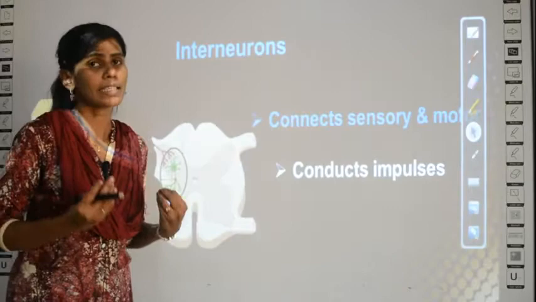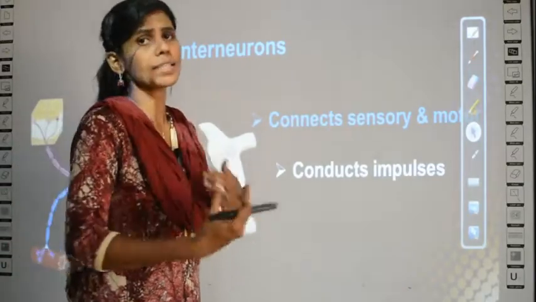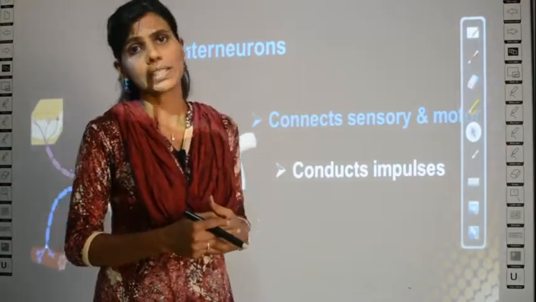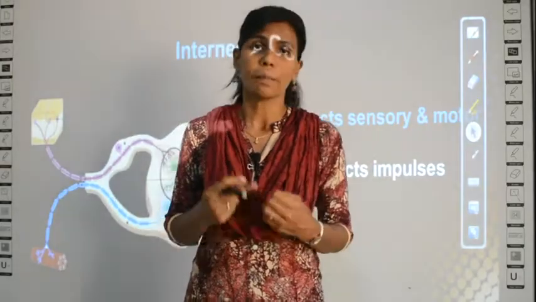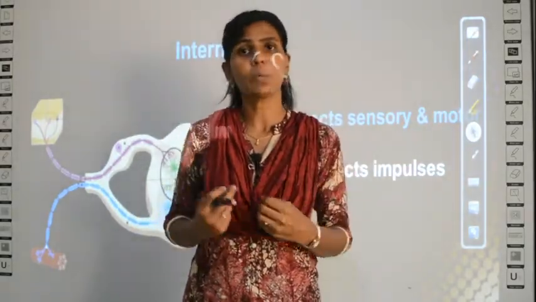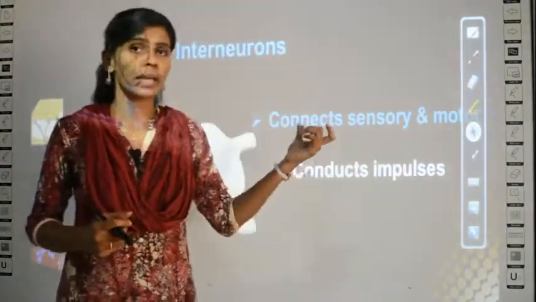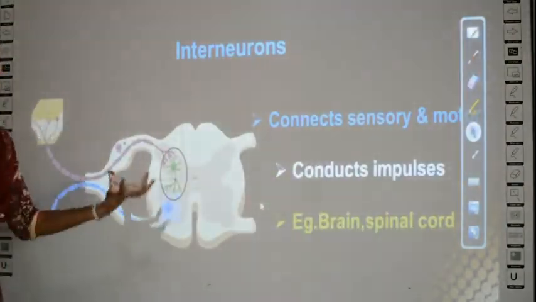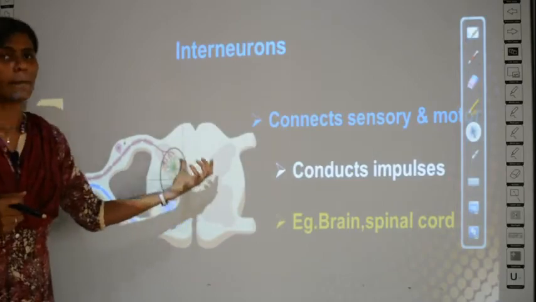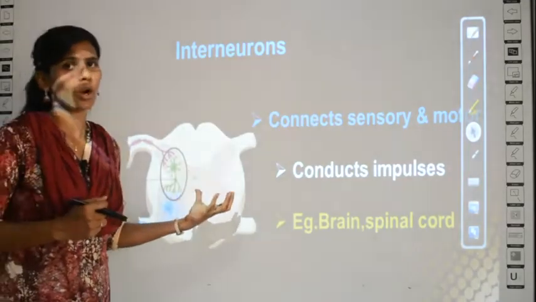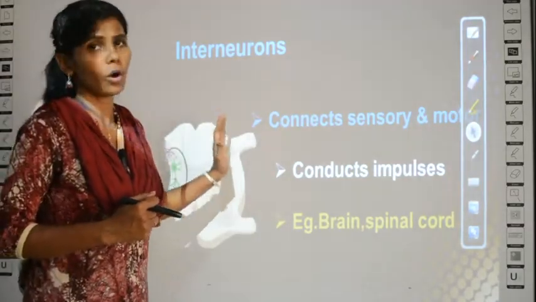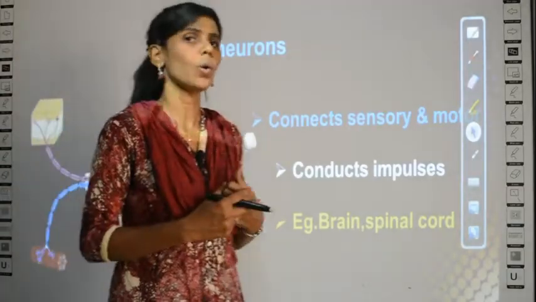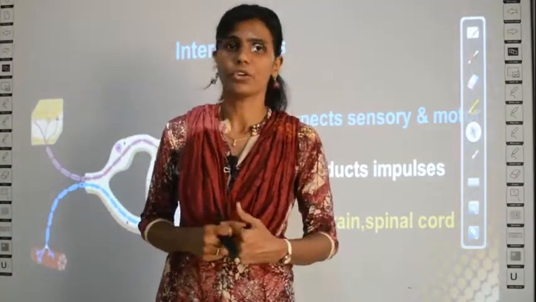As like any other neuron, it conducts electrical impulses. Why electrical impulses? Because messages inside your body are sent in the form of electrical impulses. Clear? So, examples for interneurons are the brain and spinal cord. Either the brain or the spinal cord will hold the interneurons.